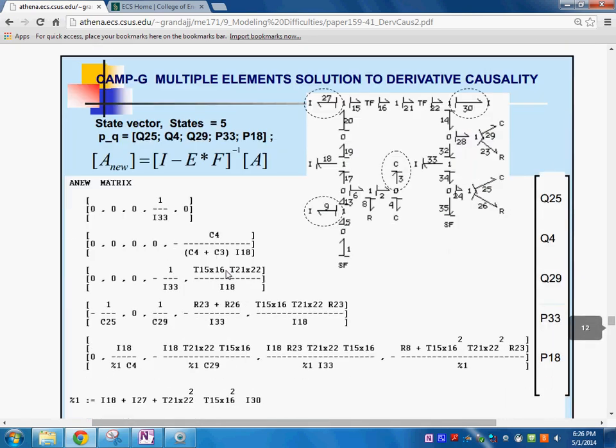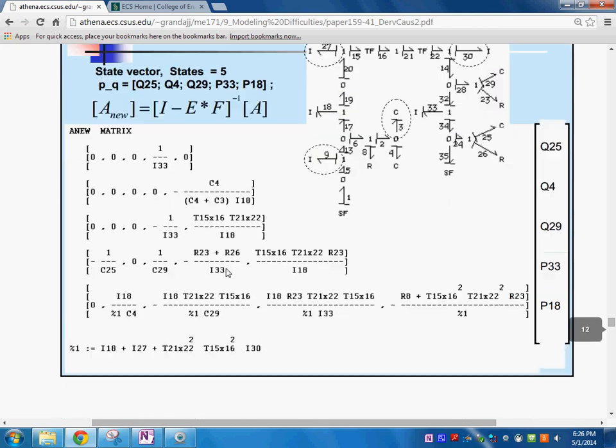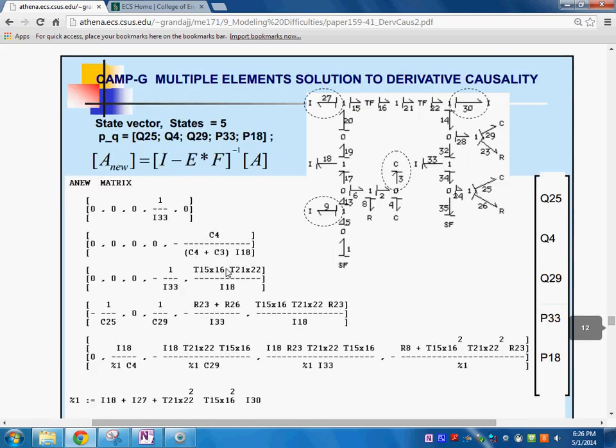Now in here, you see we apply this I minus E times F inverse multiplied by A, and then if we do this, we have the solution to the fourth derivative form.